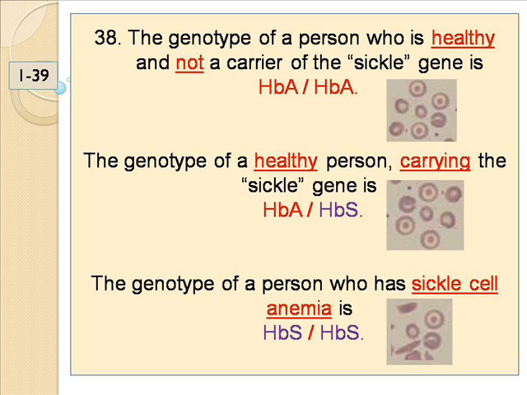Now, between this one and this one, did you know this one has an advantage over that one? If you're this, you have an advantage over that person. Do you know what it is? You will never get malaria.